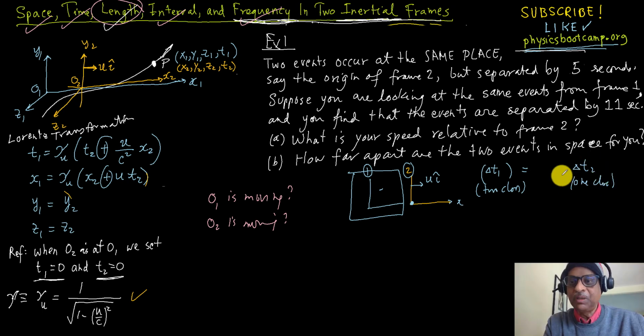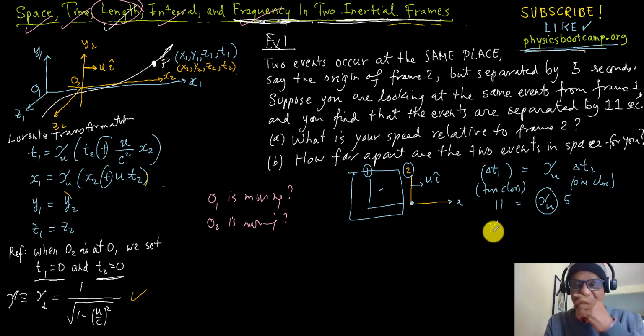That's the formula we need, and that's going to be gamma u, always. So if I find gamma u, I'm done with finding u. Delta t1, it says 11, and delta t2 is going to be 5 seconds. If you messed up, gamma has to always be greater than or equal to 1. So gamma u is 11 over 5.